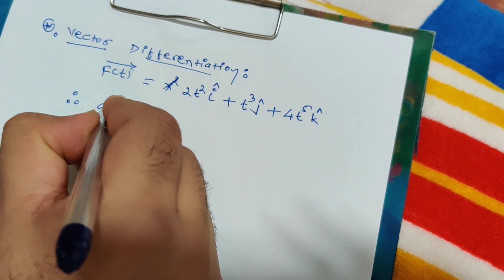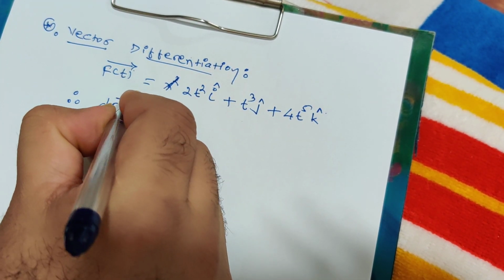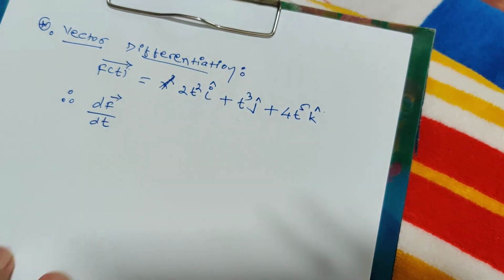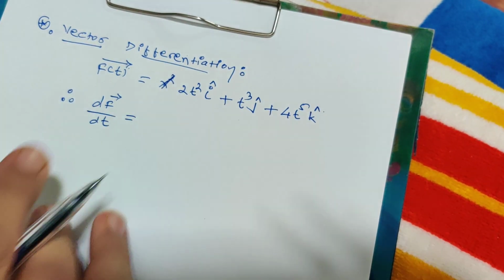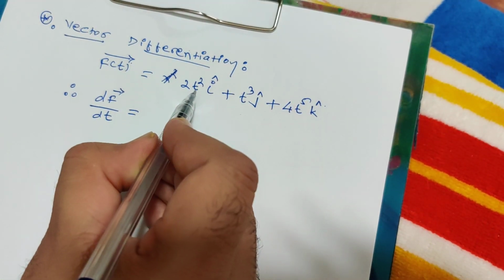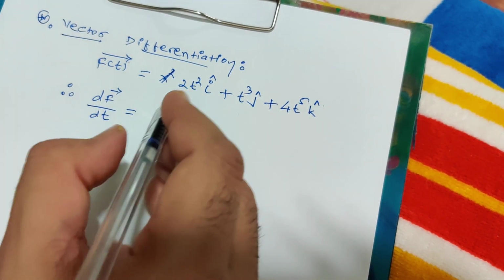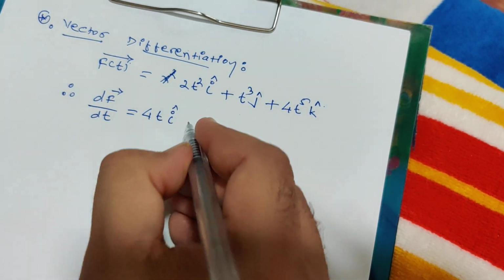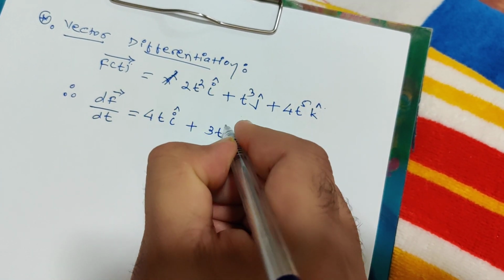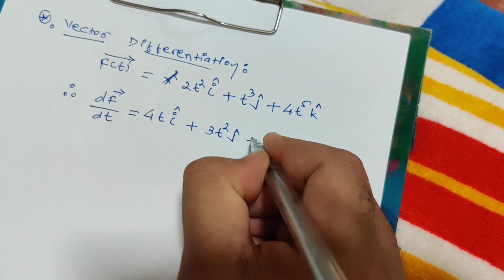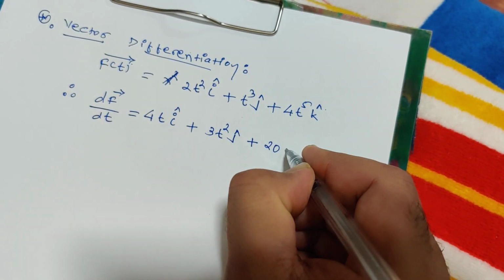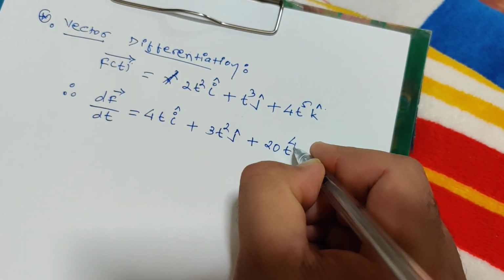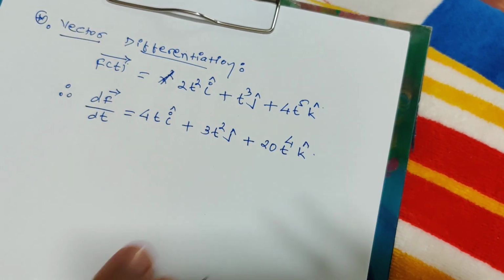So you can write df by dt is equal to, what is the derivative of t square? 2t. So 2 2s are 4t i caret plus 3t square j caret plus 20t raised to 4 k caret, students.